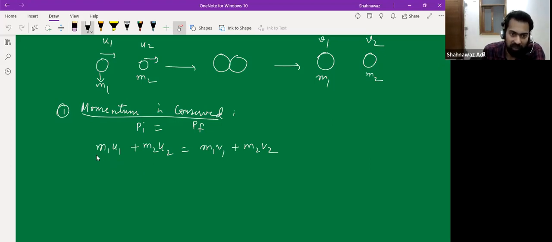So let's take care of this m1 guy and m2 guy. Keep the m1 terms on the left hand side and the m2 terms on the other side.